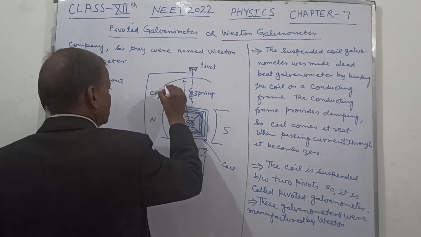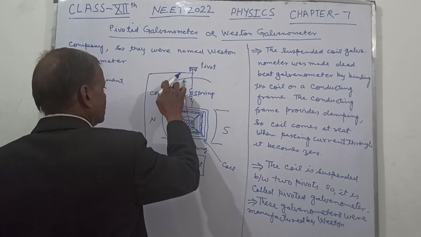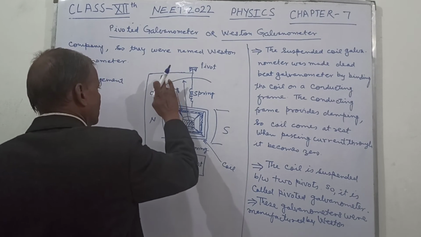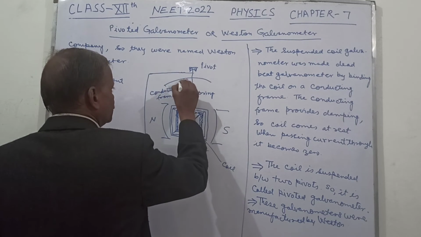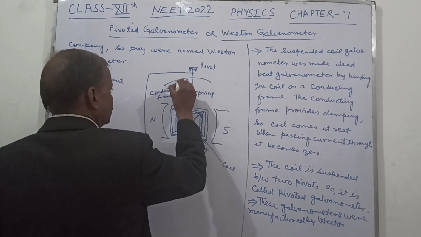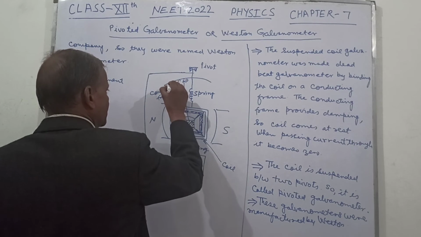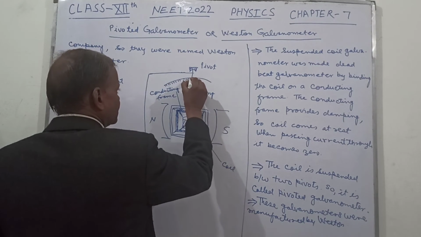This is a scale, this is 0, and then 1, 2, 3, 4, 5, 6, 7, 8, like that.